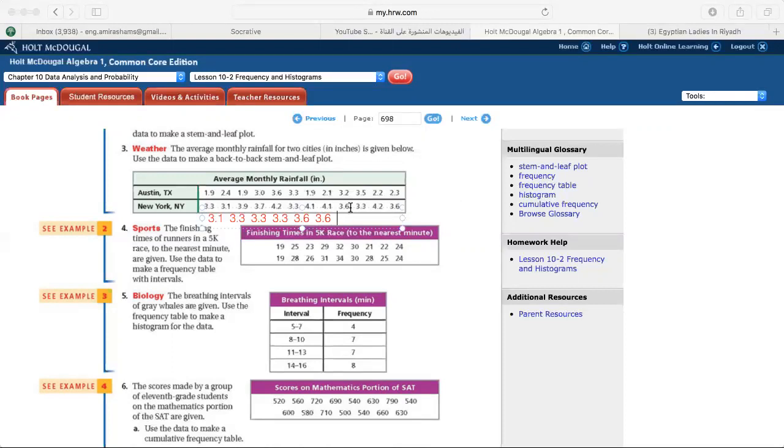Yes. 3.7. 3.9. After, I have 4.1 repeated 2 times. And I have another 4.1, and I have 4.2 repeated 2 times.